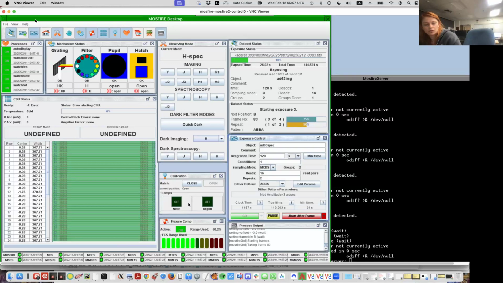So we have two different lamps we can put on, neon and argon, and they will emit packets of light at specific wavelengths that we know from laboratory experiments what that wavelength or color is. So when we do that, we can compare to the data that's taken to determine what specific wavelength that light is at. And so we can know if something is offset or what particular element we're looking at.